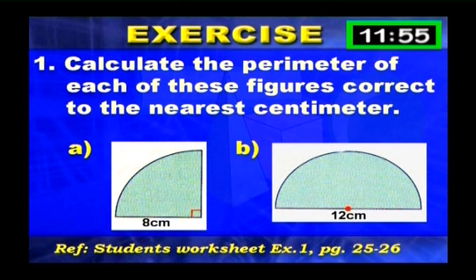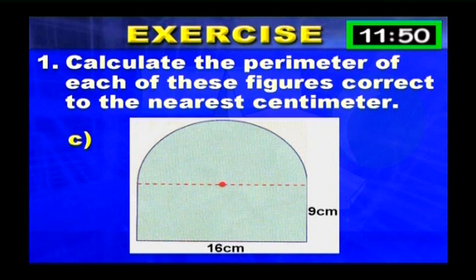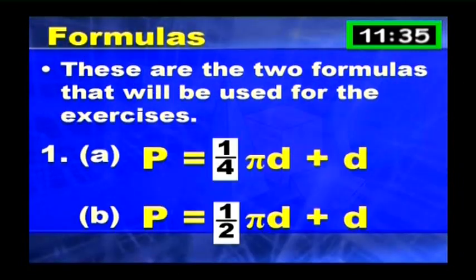For exercise C or 1C, you will have to be very careful because there are 2 different shapes in one diagram. So study it very carefully and use appropriate formulas required. You can either use P is equals to half pi d plus d, or you can use P is equals to a quarter pi d plus d.